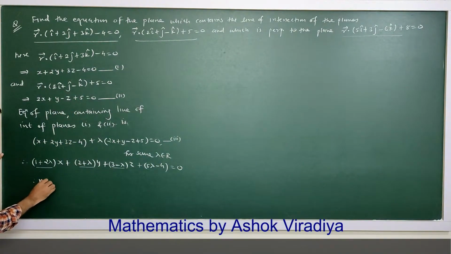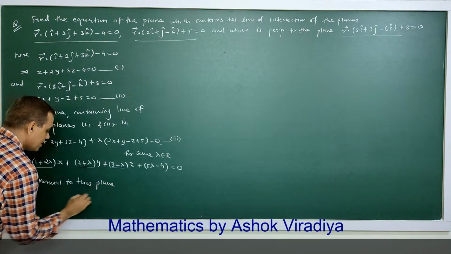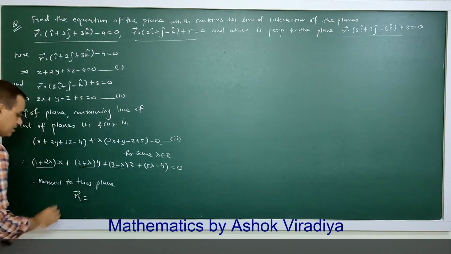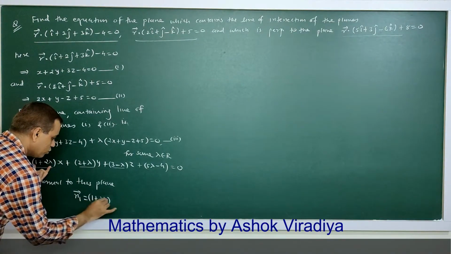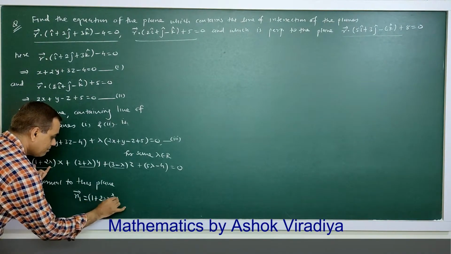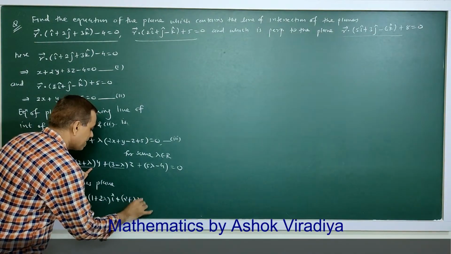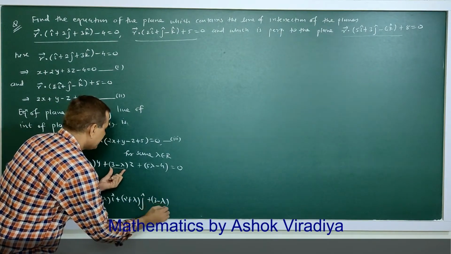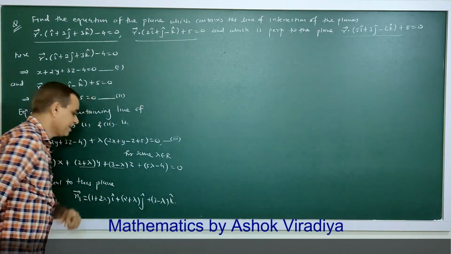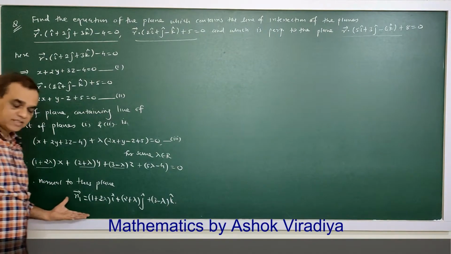So the normal to this plane, let me say vector n1, is 1 plus 2 lambda times i plus 2 plus lambda times j plus 3 minus lambda times vector k. This is the normal to this plane.